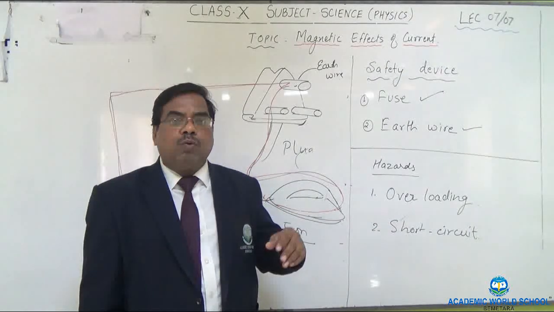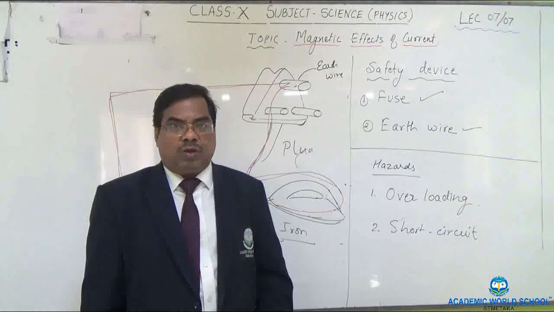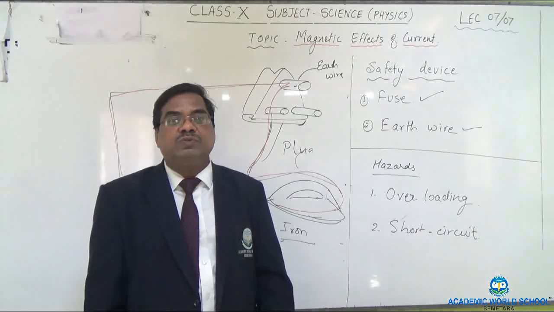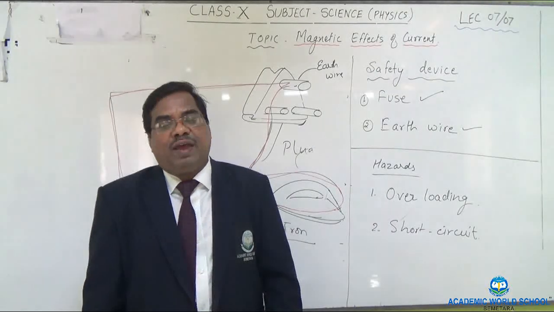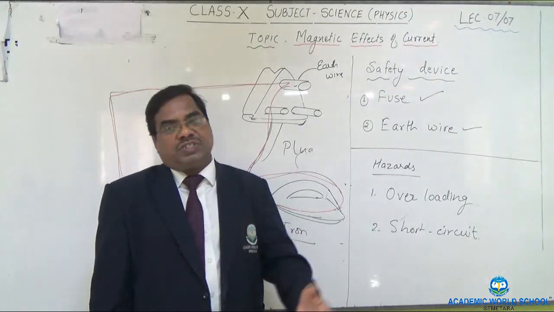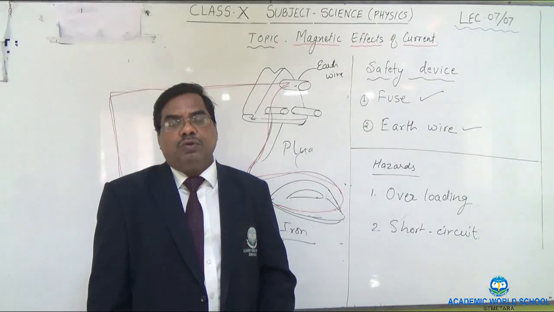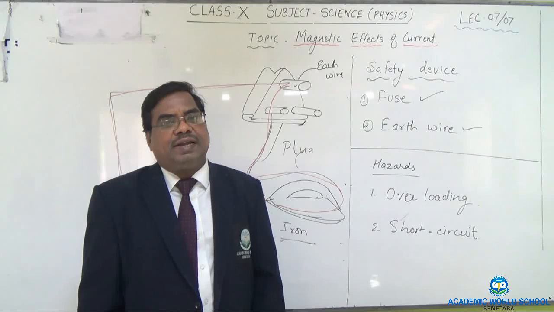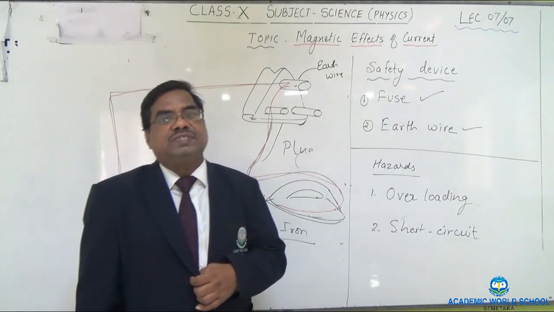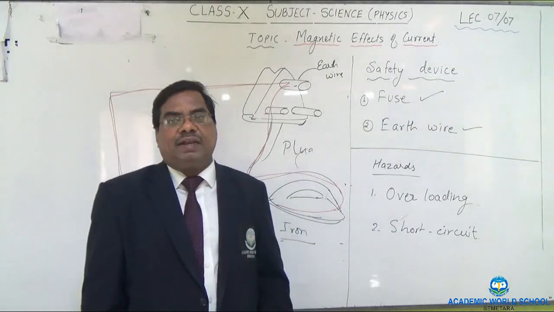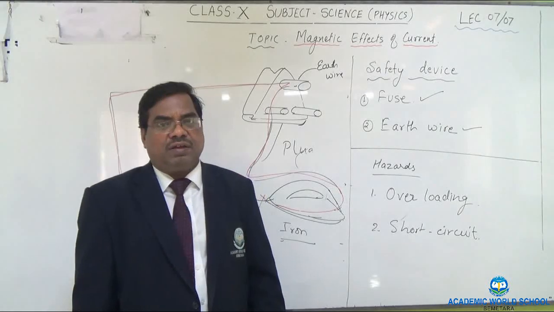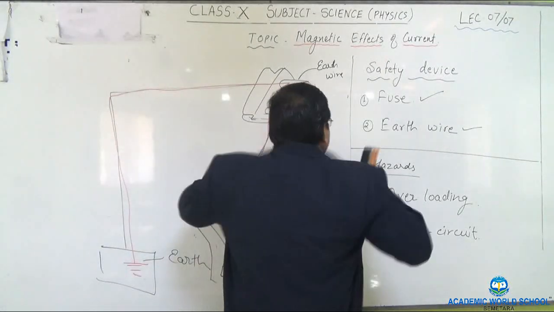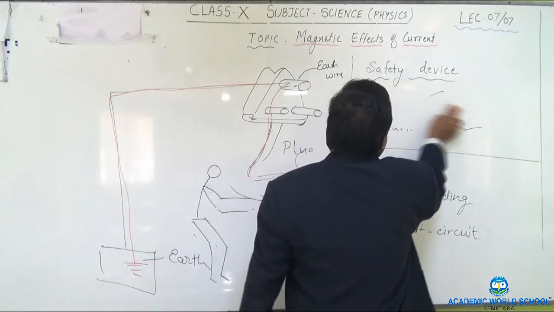Sometimes you may touch a cooler. Cooler is a device which uses a large current, and if by mistake you touch it and there is no earthing, you can also get shock. Therefore, it is advisable that every appliance which is to be touched directly must have earthing. So we have seen fuse wire and earth wire.